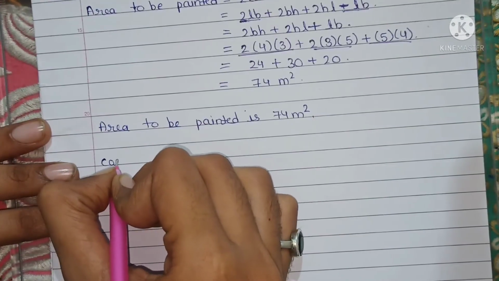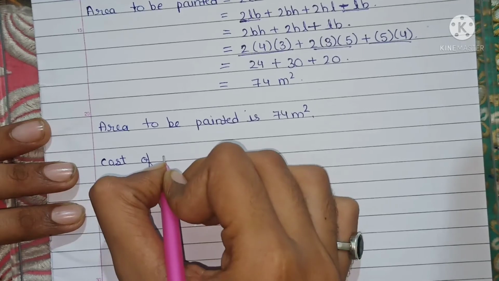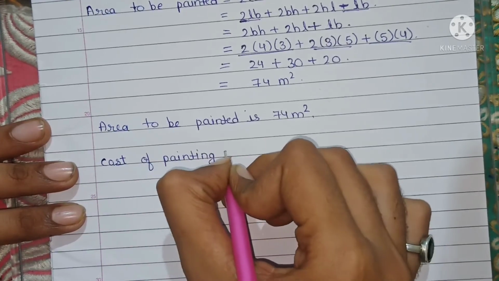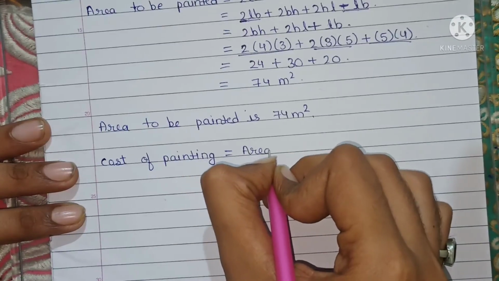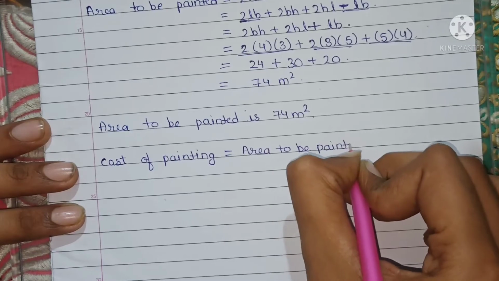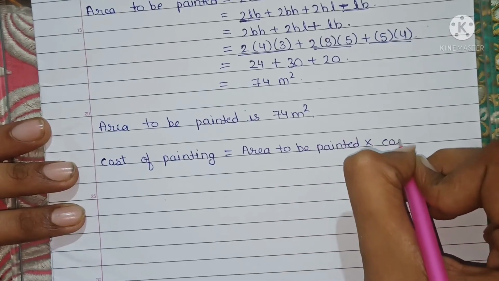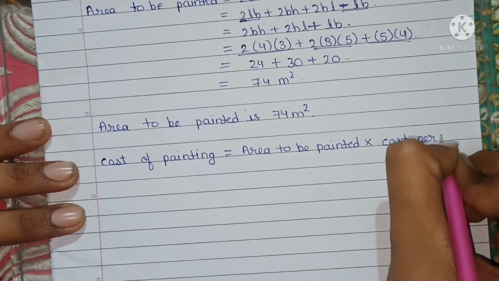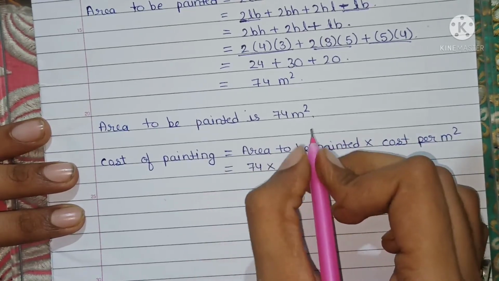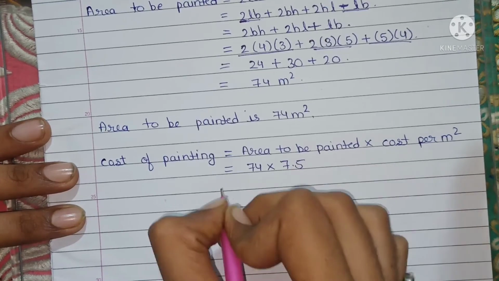But we have to find the cost of painting. So for the cost of painting, we have to multiply area to be painted and cost per meter square. Now the area to be painted is 74 and cost per meter square is 7.5.